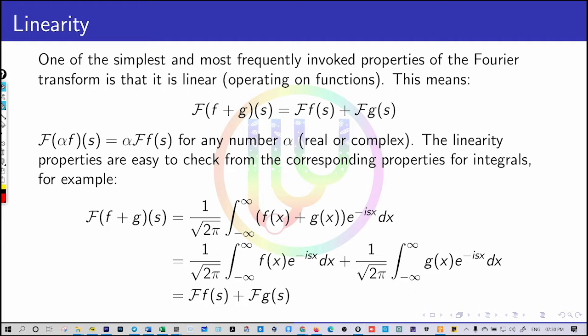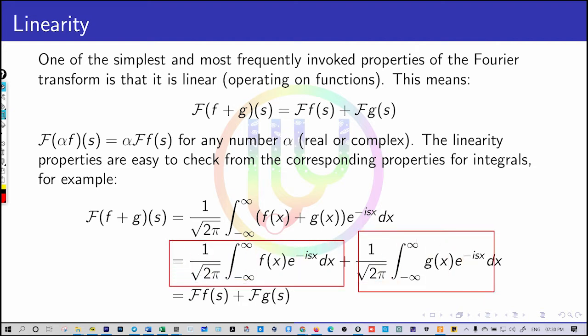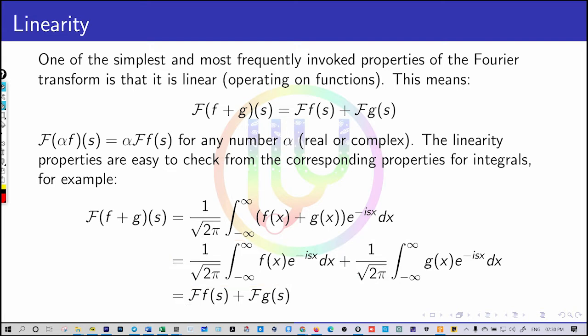But this is nothing but, by definition, the Fourier transform of f of x, and this is by definition the Fourier transform of g of x. Therefore, we can write this as F of s plus G of s.